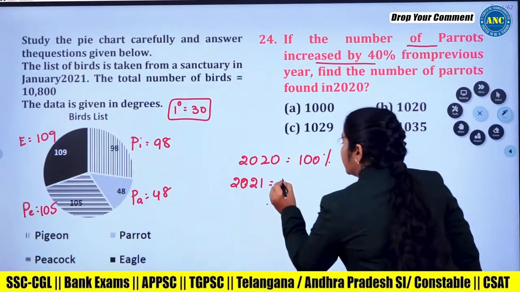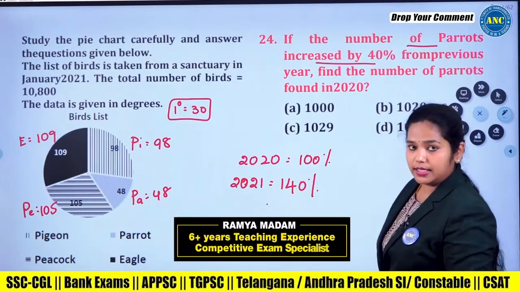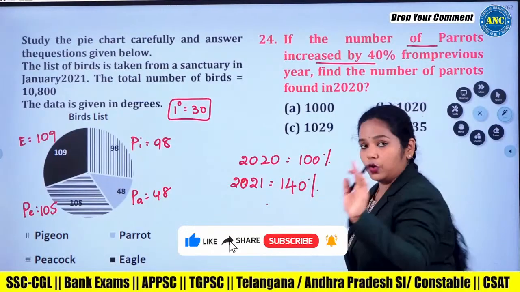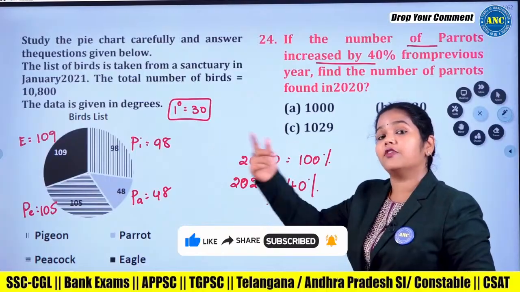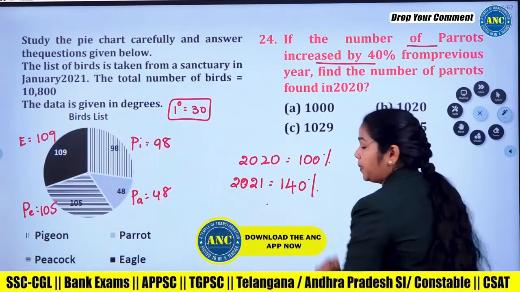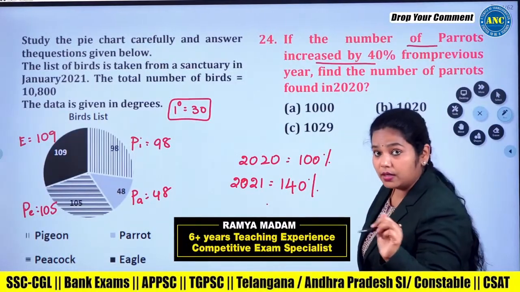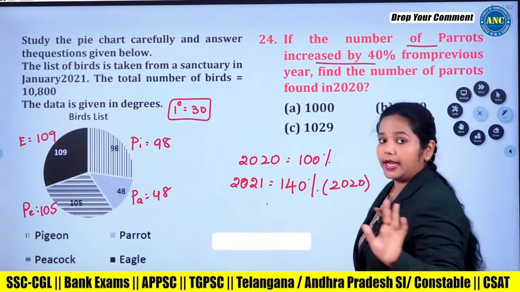That means there are 140% of parrots. In 2020, if you take 100%, in 2021 there is an increase of 40%. Increase of 40% is nothing but 140%. 140% of what? Of 2020 parrots, right?